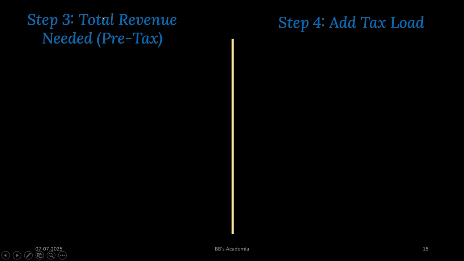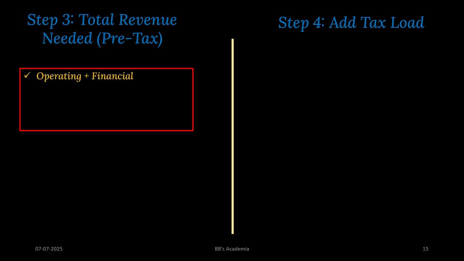Now we are going to step 3, total revenue needed pre-tax. While running a business, we have to earn at minimum the operating expenses, already mentioned as 1 crore 84 lakhs, plus the financial cost.